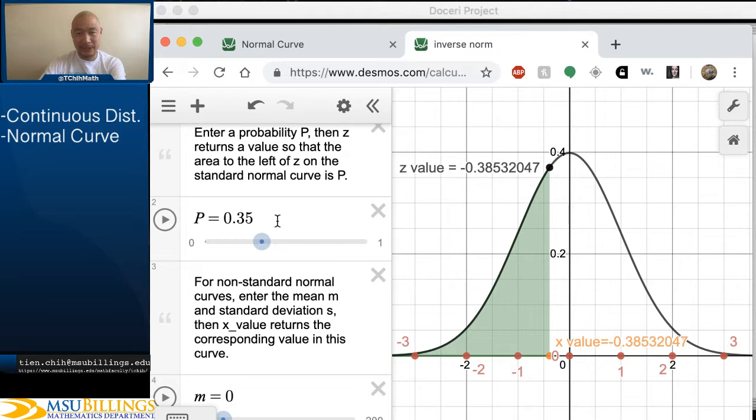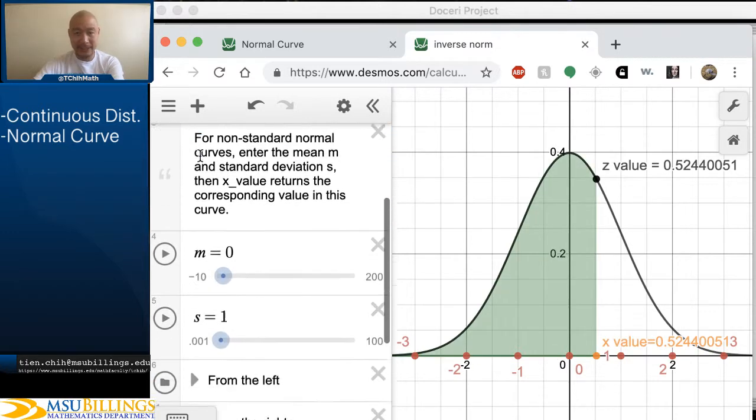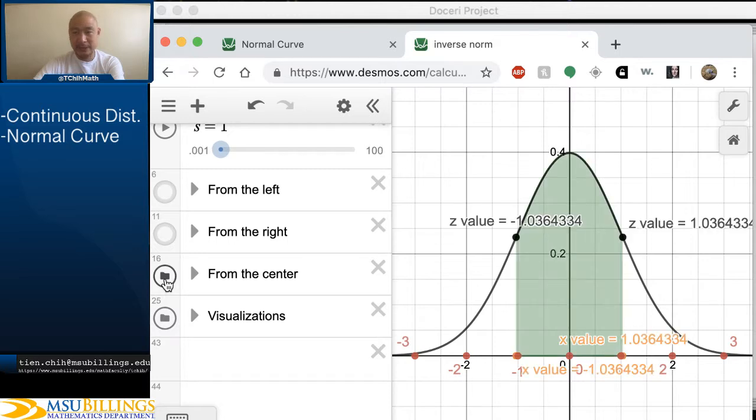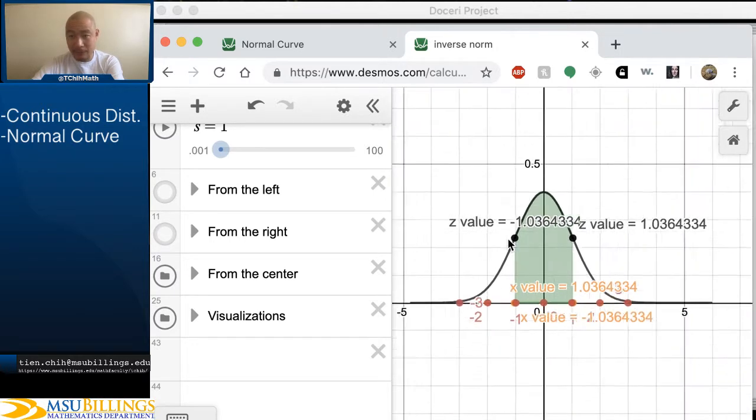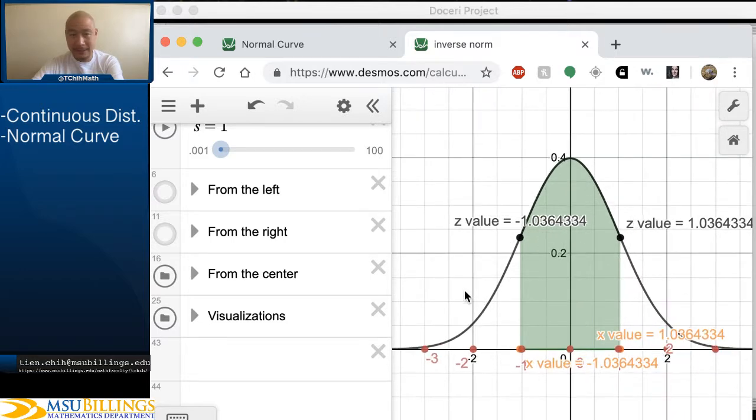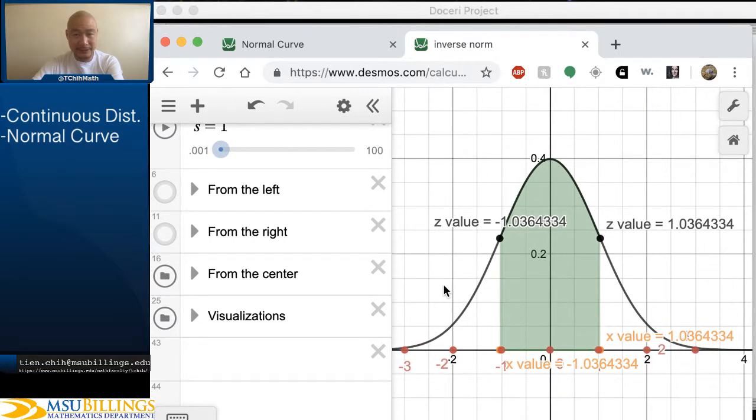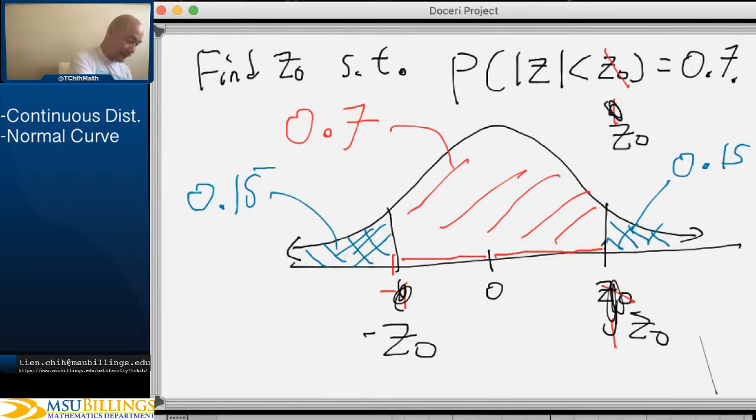But the most straightforward may just be to set our area equal to 70%, and from the center, go out either way, and we get our z values of 1.0364 and negative 1.0364. Zoom out a bit there. Hopefully that's easy to see. So I do, in fact, just off of that, get a solution: 1.0364 and negative 1.0364.